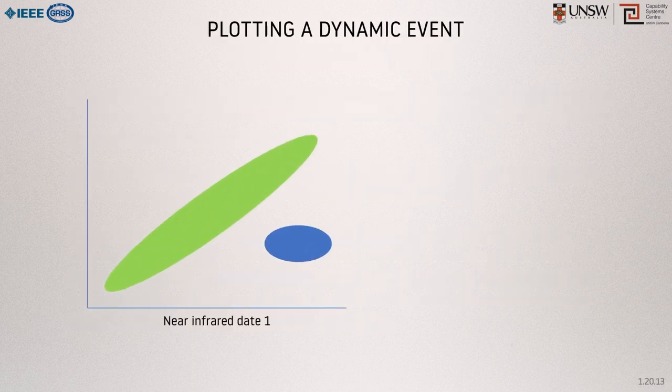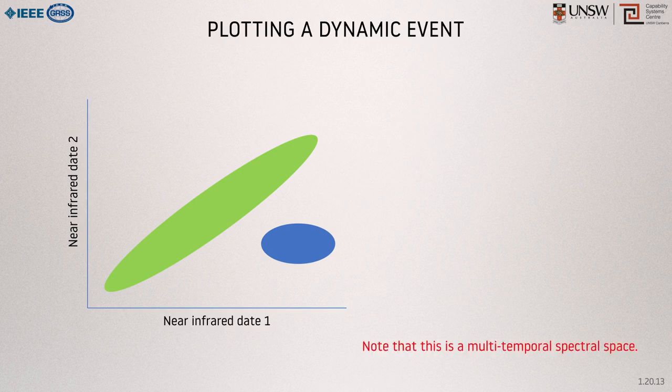This two-dimensional multitemporal spectral space allows us to see what happens with a dynamic event such as a flood. We have plotted the near-infrared brightness values of the image pixels in a space with the IR response in the first date plotted horizontally and that for the second date plotted vertically.